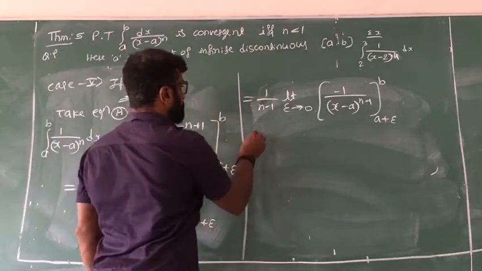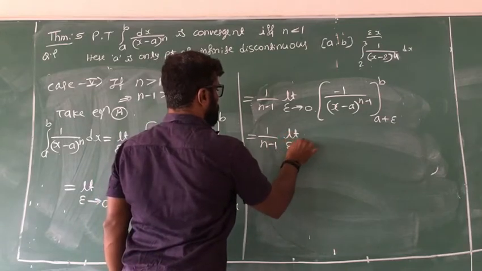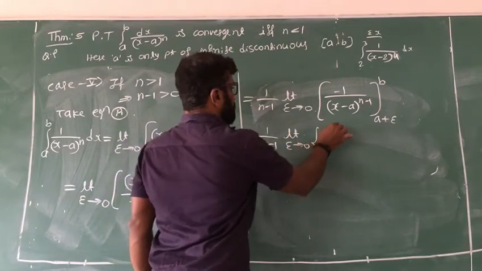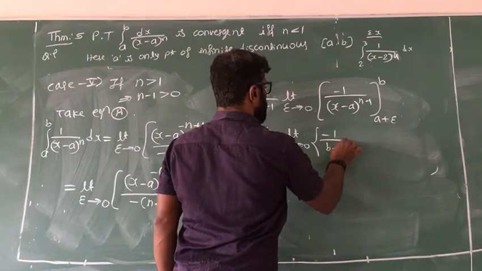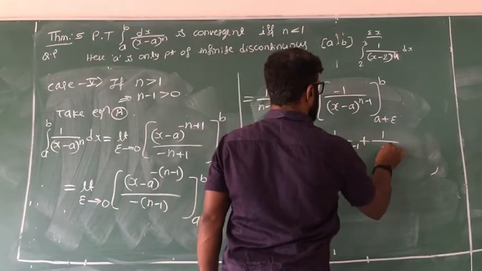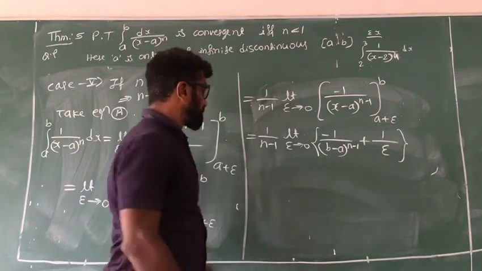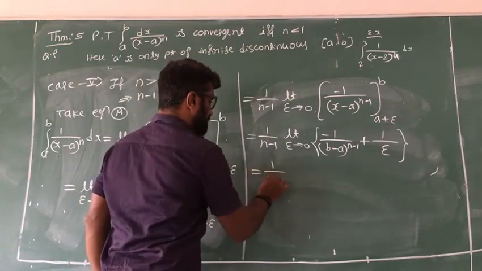Then apply upper limit minus lower limit. Limit of epsilon tends to 0 of minus 1 divided by b minus a raised to n minus 1, minus of minus 1 divided by epsilon raised to n minus 1. So plus a minus a get cancelled, only epsilon is there. So that equals 1 divided by n minus 1.